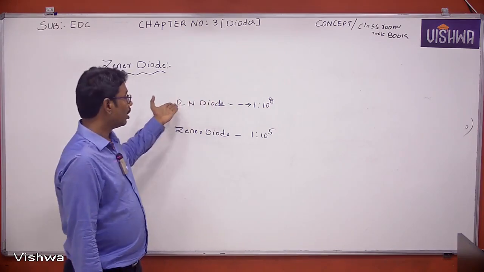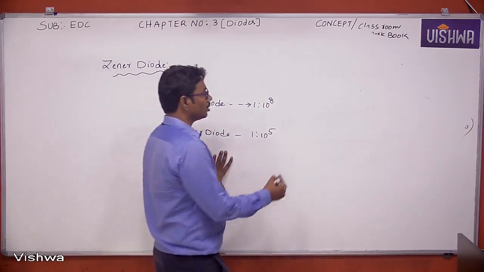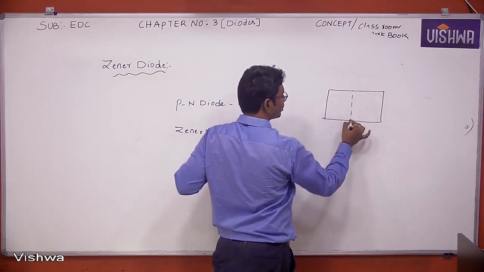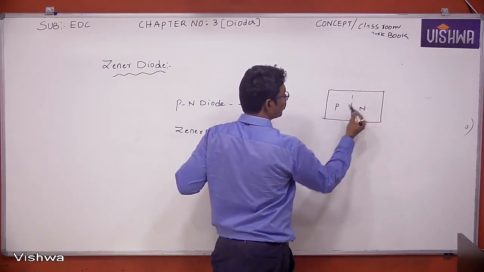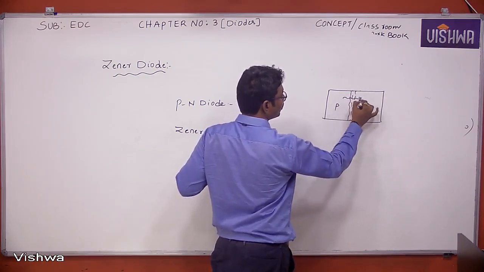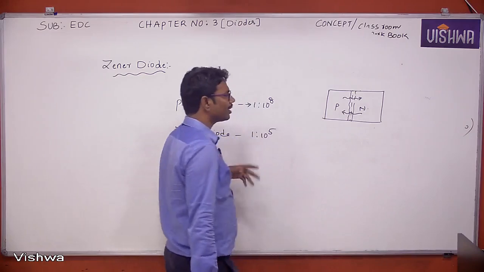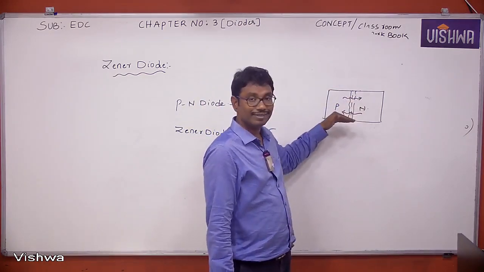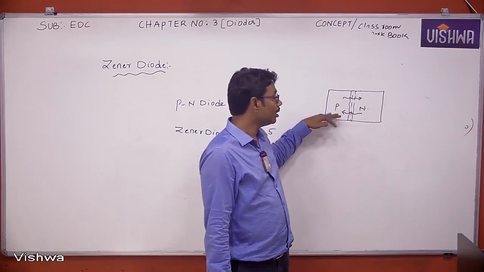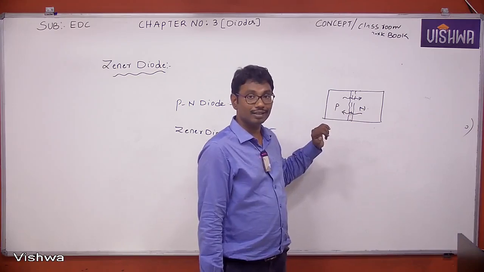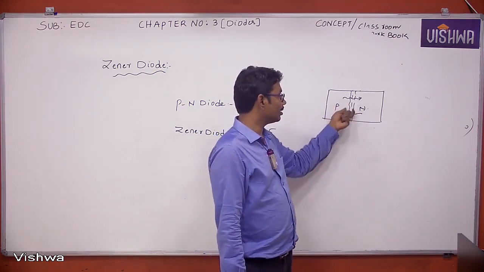One more point: a Zener diode is a heavily doped PN junction, due to which electrons tunnel from P to N or N to P. In a normal diode, electrons cross over the barrier, but in a Zener diode and tunnel diode, the electrons penetrate or tunnel through the barrier. Why? Because of the thin barrier.